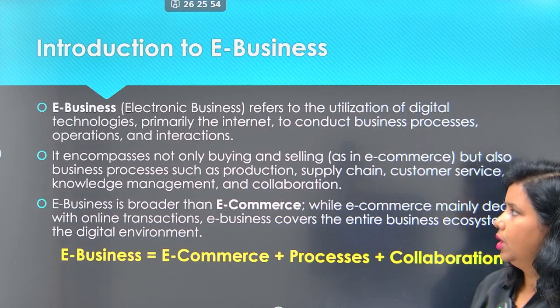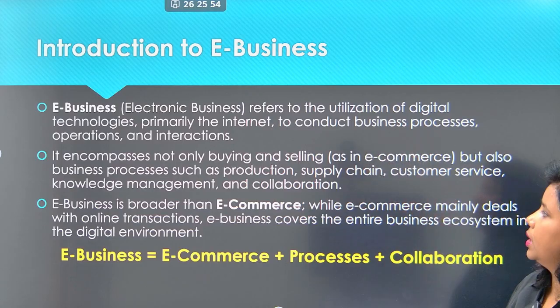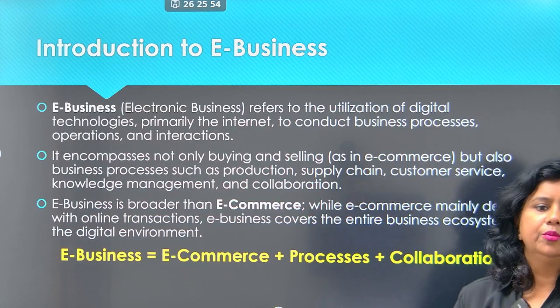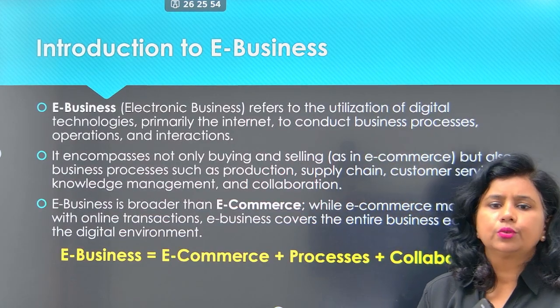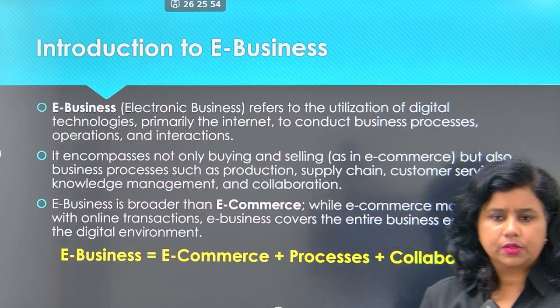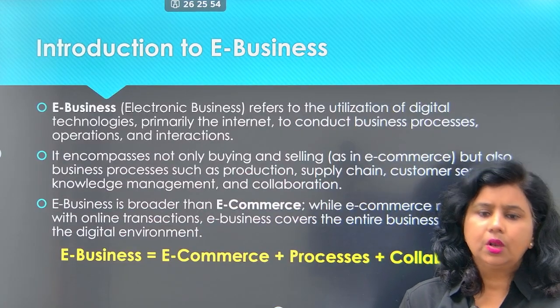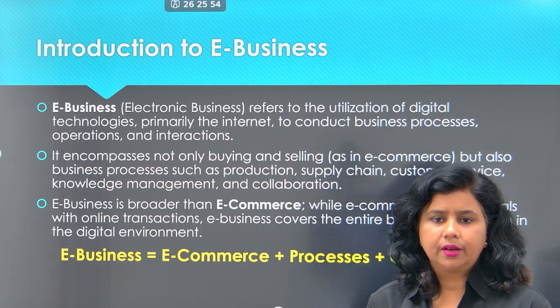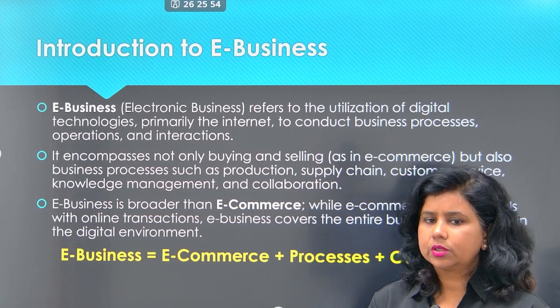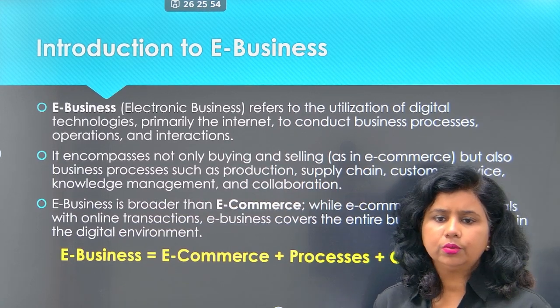What is e-business? So, e-business refers to utilization of digital technologies, primarily internet, to conduct business processes. Whatever business process you do in a particular business, all of it can be taken care of digitally, and this process is called e-business, creating your own e-business.